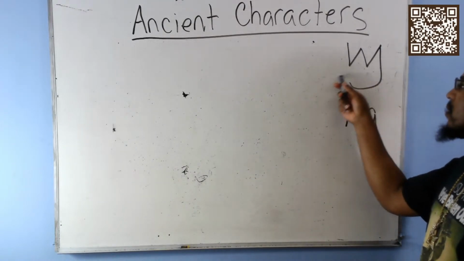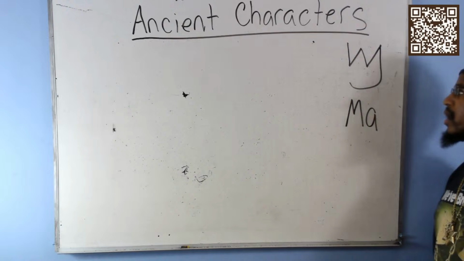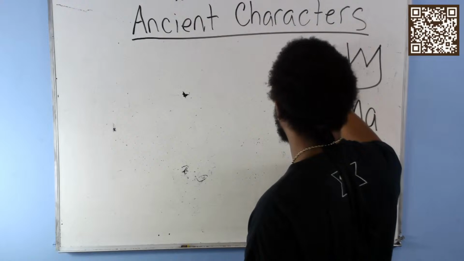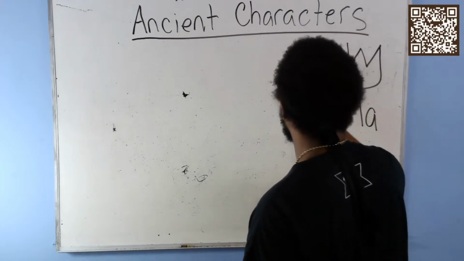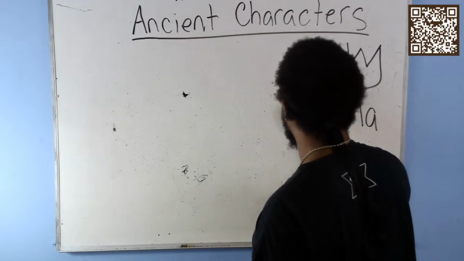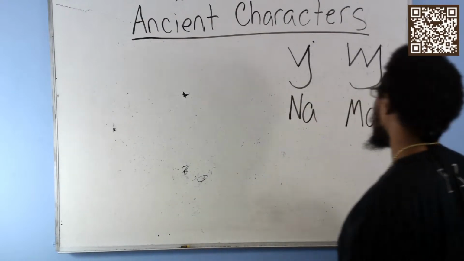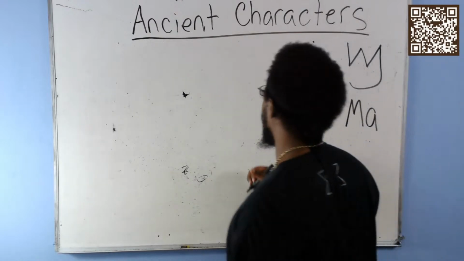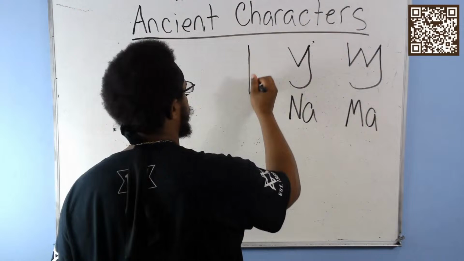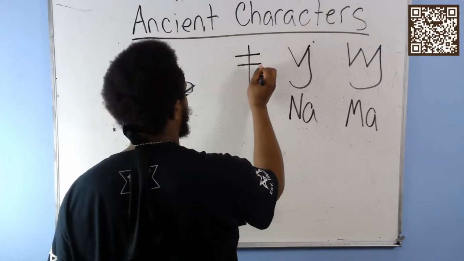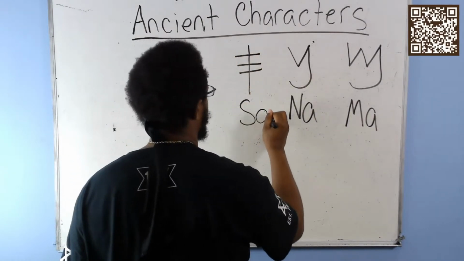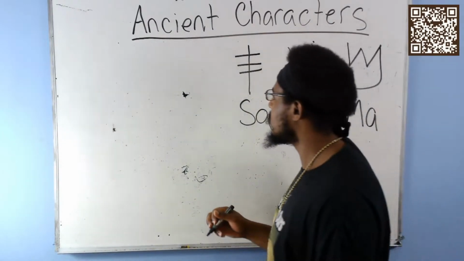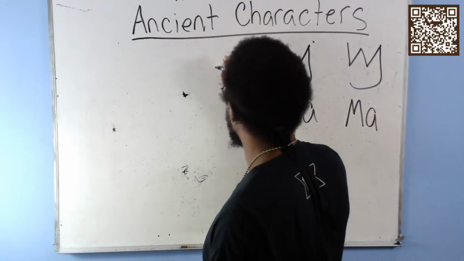It comes from the wave, like waters, waves. Ma. We got Na. Ma, Na. And then we got Sa. After Sa, we got I.